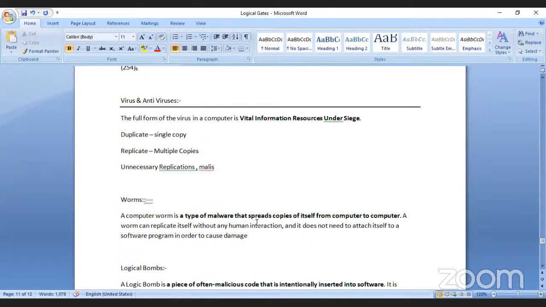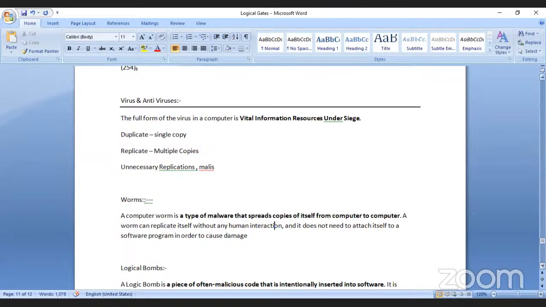No, it is doing it on its own. It does not need to attach itself to a software program in order to cause damage. If I have multiple copies without any human interaction, that will be done by worms.